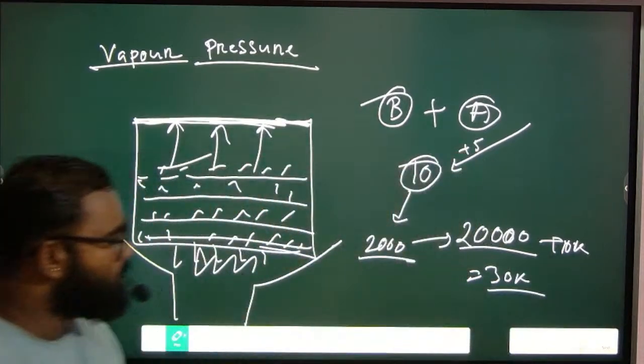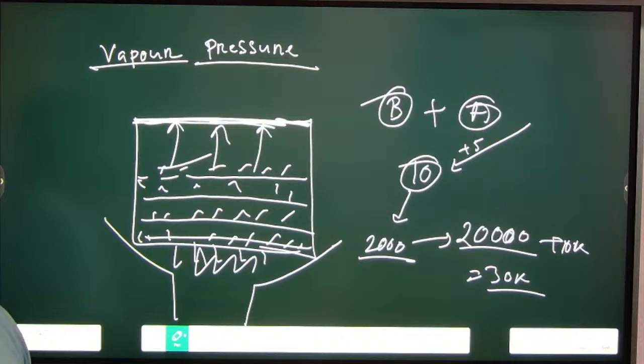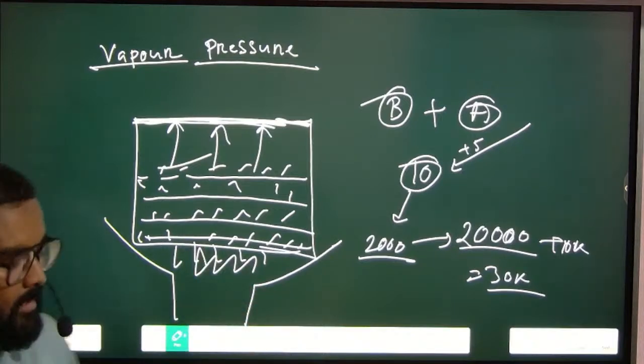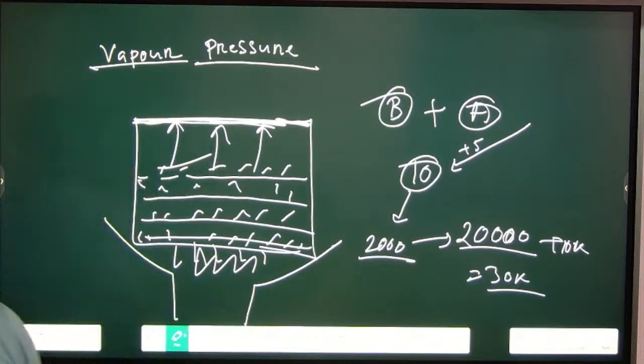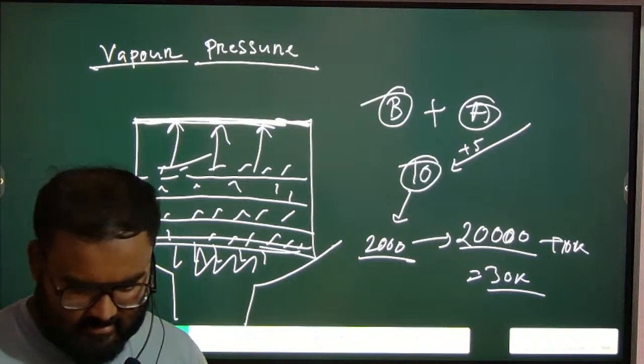So the income of the teacher is directly proportional to the number of students, but there are some students who belong to poor families. For them, we teachers give some facilities.